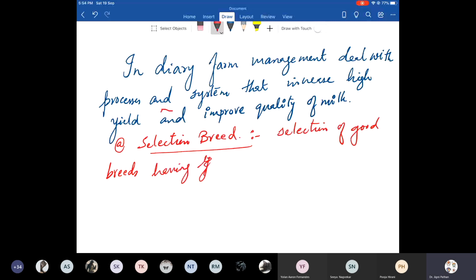The next is they should be resistant to disease. They should not fall sick regularly.